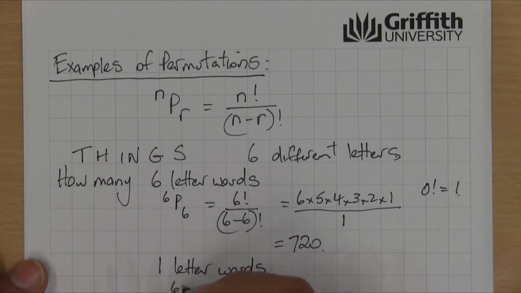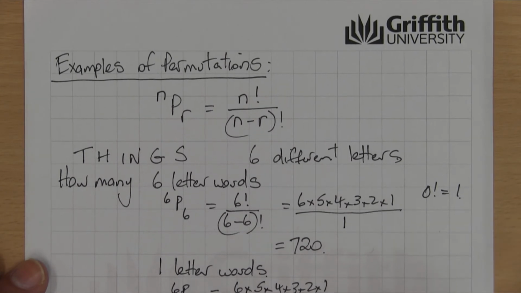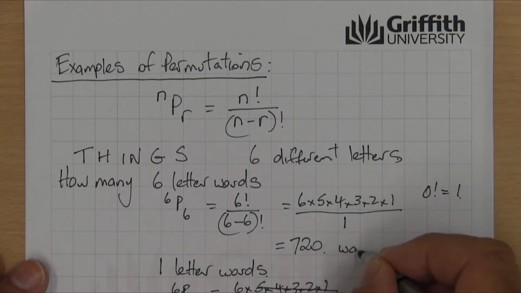So we'll have 6P1 equals 6 factorial over, now it's n minus r, so 6 minus 1 is 5, so it's 5 factorial. 6 factorial is 6 times 5 times 4 times 3 times 2 times 1, and 5 factorial is 5 times 4 times 3 times 2 times 1, and you can see that all of those will cancel, and we're just left with 6 ways.